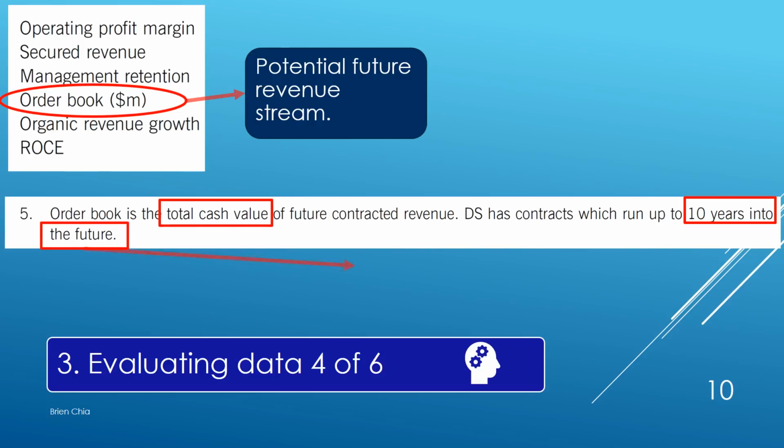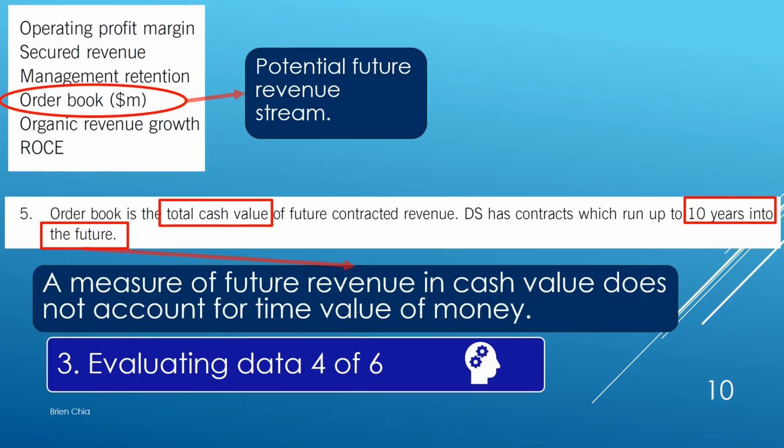So what does this mean? This means that a measure of the future revenue of cash value does not take into account the time value of money. You should be familiar with the term time value of money. Basically, it means that cash received further in the future is worth less in today's money. So 10 years is quite far. We have to keep that in mind as we answer the question.